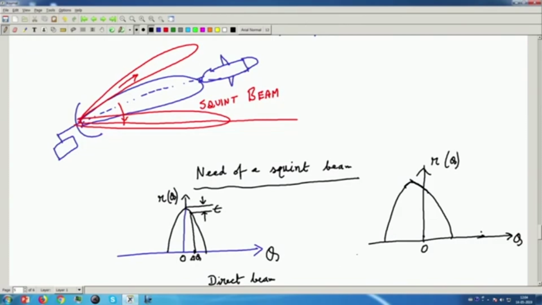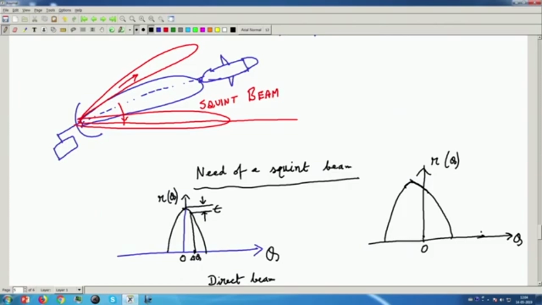Why am I doing this? Suppose the direct beam was produced, and if the target is at theta 0, on the axis of the direct beam, then I will get the return.